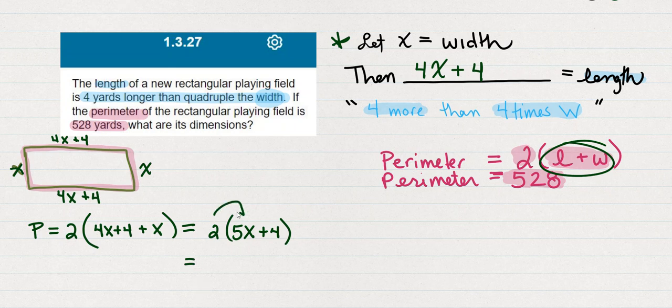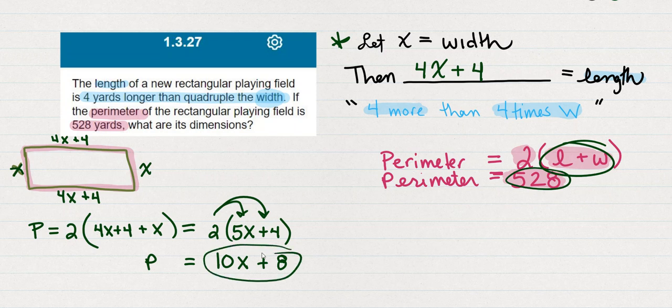Then if I distribute that 2, I get that the perimeter is 2 times 5x, so 10x, plus 2 times 4, which is 8. Do you see what to do next? I'm told that the perimeter is 528, and I've calculated that the perimeter is 10x plus 8.